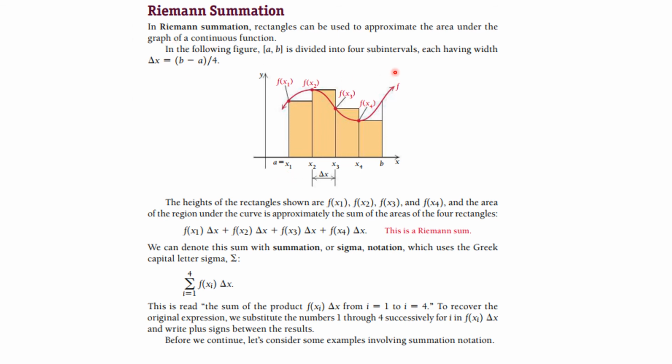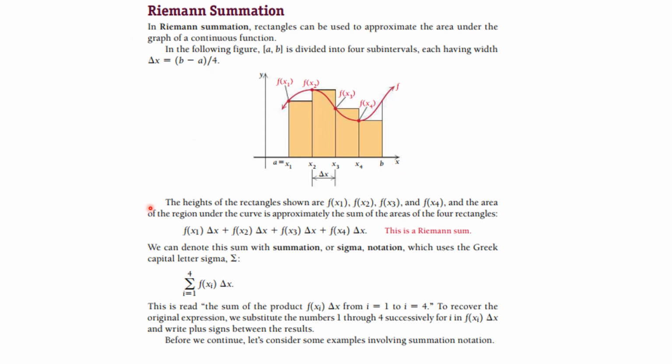Now notice what we do here is we start by dividing the interval, which runs from a to b, into 4 equal sub-intervals. And since they're equal, the change in x, delta x, is b minus a over 4.